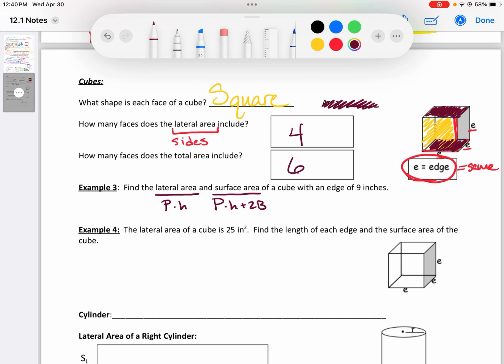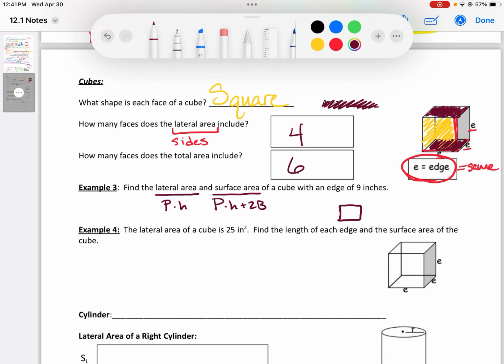So the important thing for this is that all the sides are squares and all of their edges are the same. So using that knowledge, we need to try to figure out what the edge value is. This is probably the hardest part of this problem, to get this set up correctly. We're trying to figure out E.